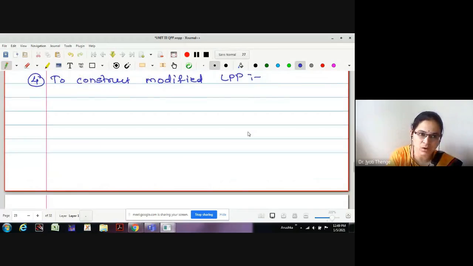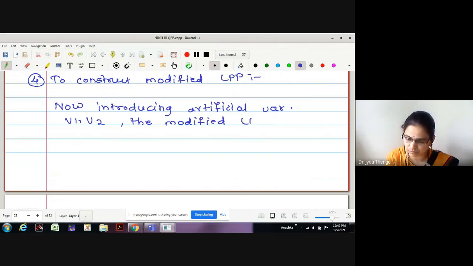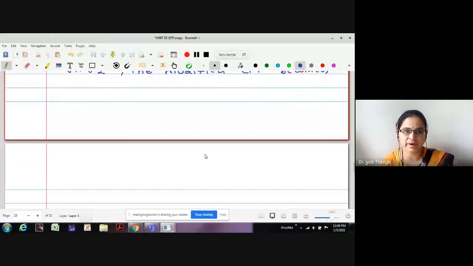Now, introducing artificial variables v1, v2, the modified LPP becomes, what is the modified LPP?